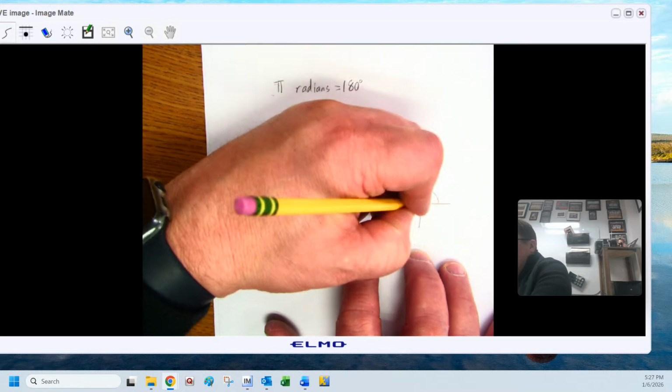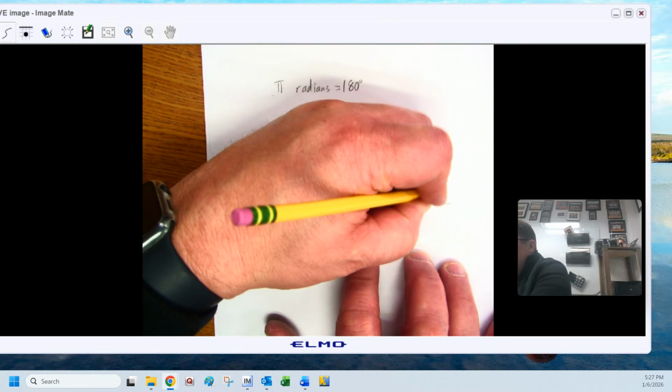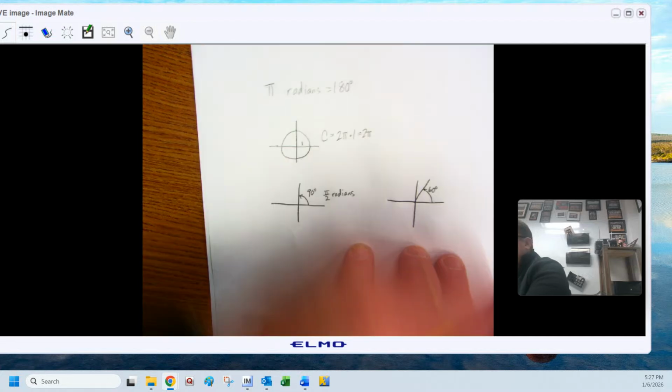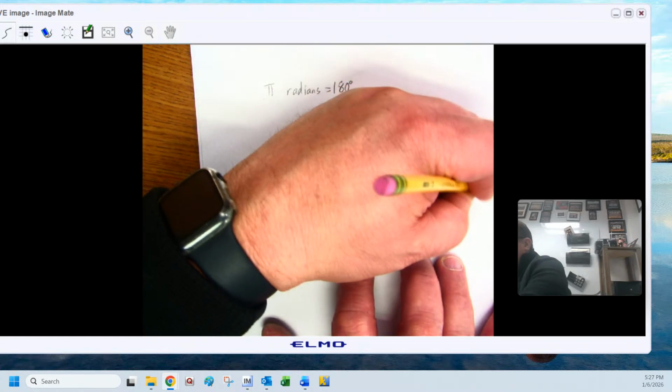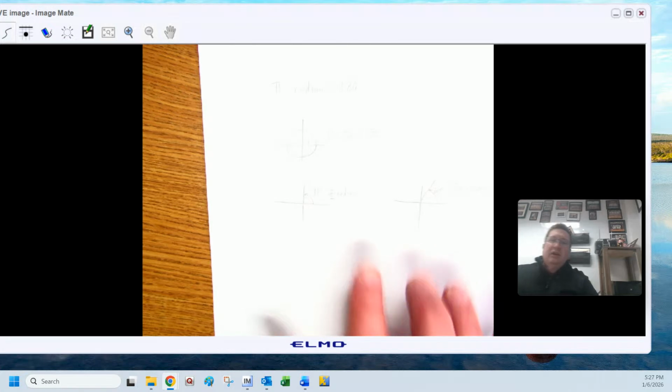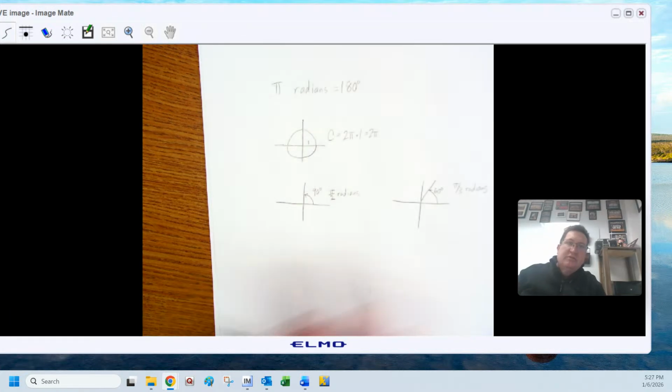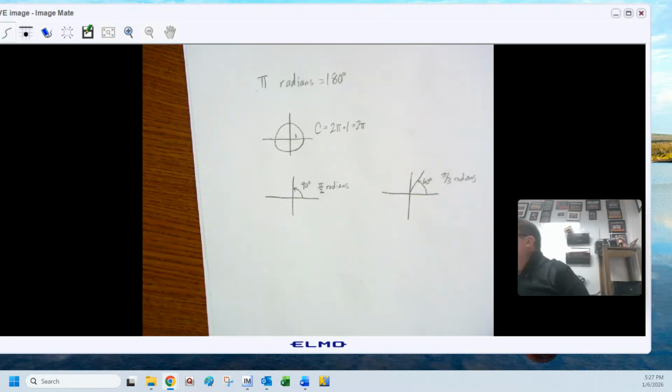That's a 60-degree angle, but it's also pi over 3 radians. As mentioned on this homework assignment, one thing you're going to be doing is changing degrees to radians and vice versa.